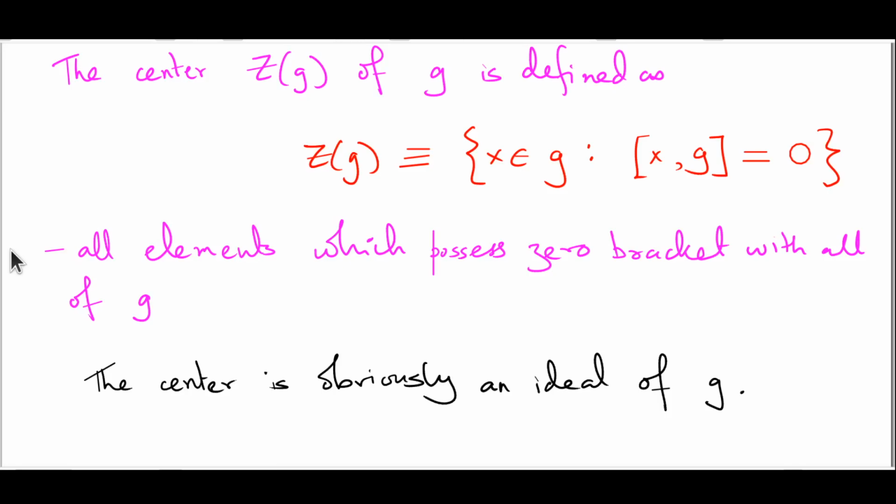Now, it's possible that some algebras may have a proper center, that is a center which is not the null vector alone. On the other extreme, for an abelian Lie algebra, every Lie bracket vanishes, and the center of an abelian Lie algebra is the entire Lie algebra itself.